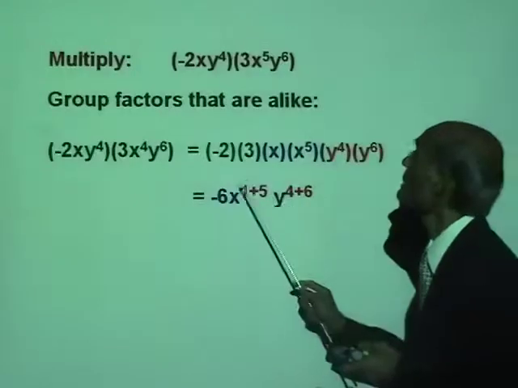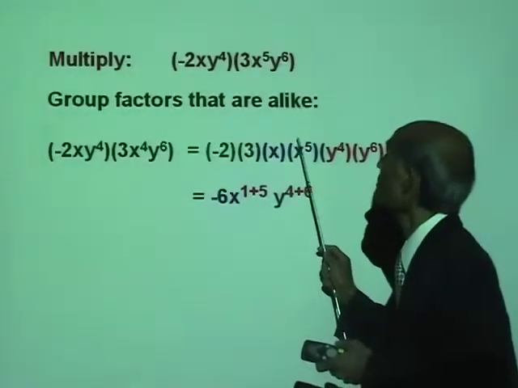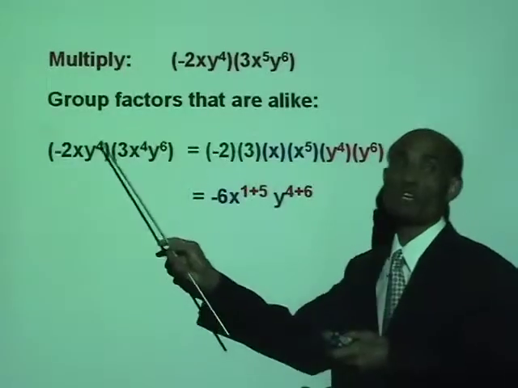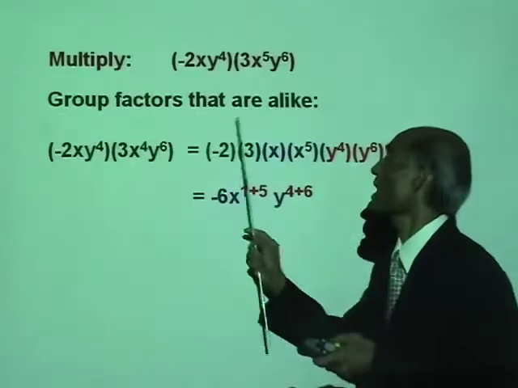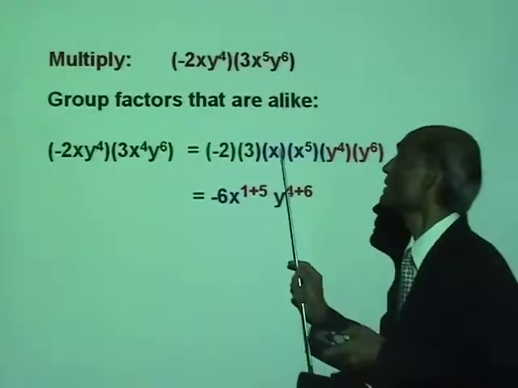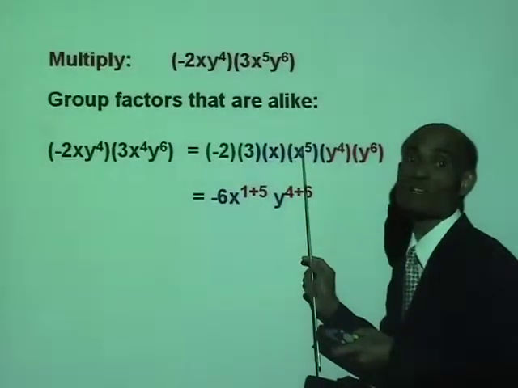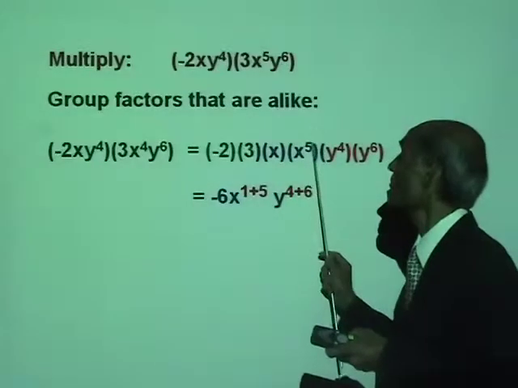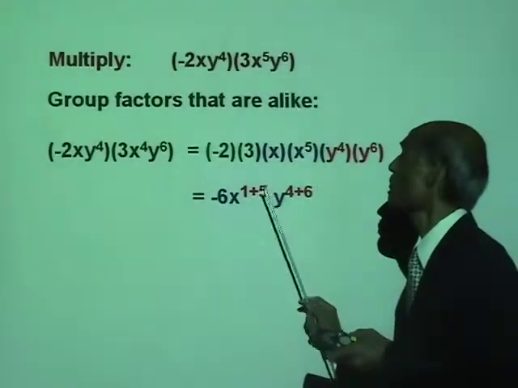And that will be negative 6x to the power of 1 plus 4. You can see I have been carrying that mistake. This is x to the power of 1, and this is x to the power 4, not 5. I'm going to leave it like this and ask you to make that correction on your own. That is a 5, this is a 4, that must be a 4.